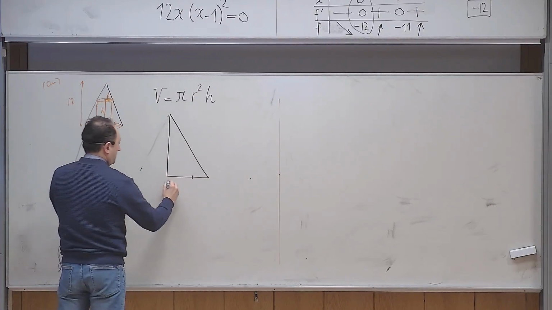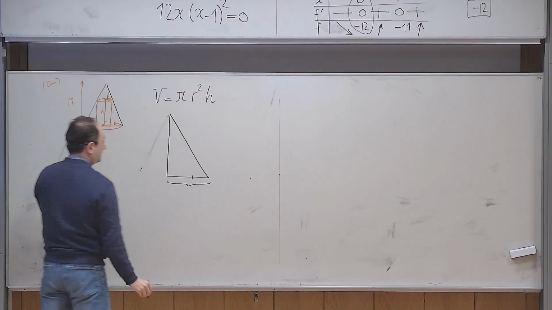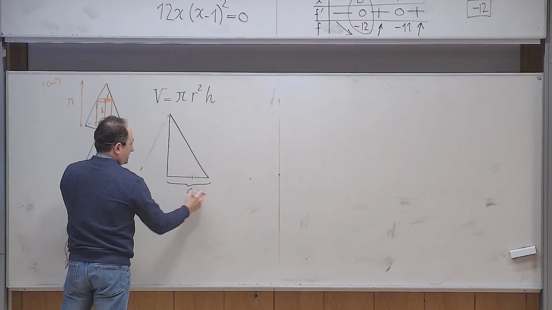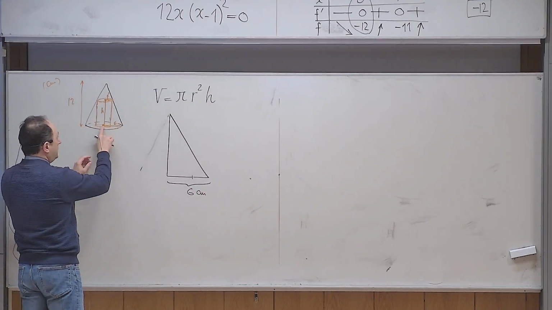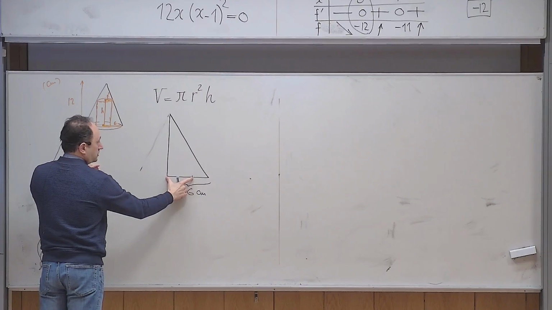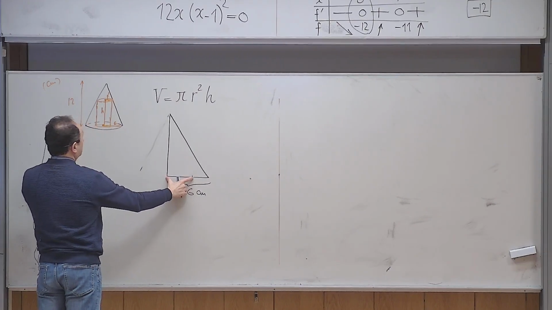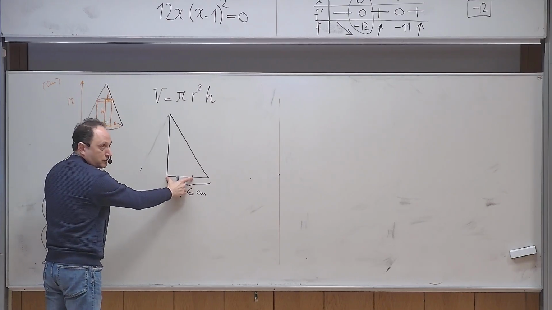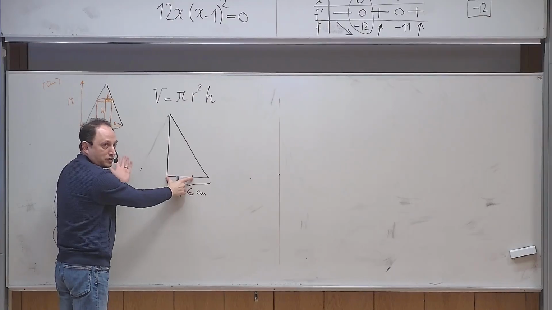But from here to here is how much? It is 6 centimeters. I'm exaggerating so that you can see a little bit better. And from here to here is how much? It is R, the radius of the cylinder. I don't know the radius of the cylinder because the cylinder is not a fixed one.